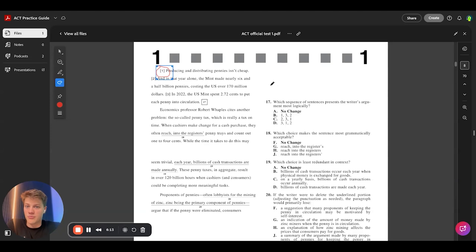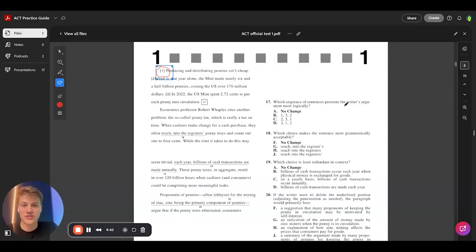"And in that year alone, the Mint made nearly 6.5 billion pennies, costing the US over $170 million." This automatically doesn't make sense because I don't know what year I'm talking about when sentence 2 comes up, so I know that I'm going to be switching around these sentences. Sentence 3: "In 2022, the US Mint spent 2.72 cents to put each penny into circulation."